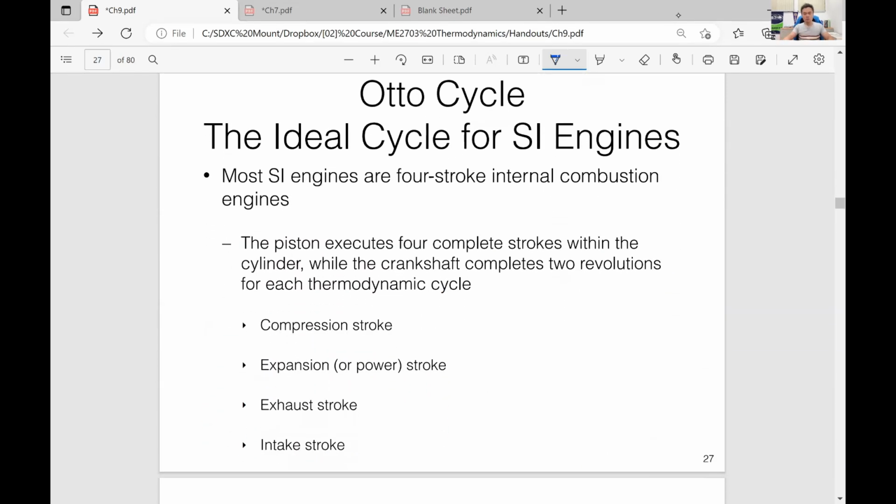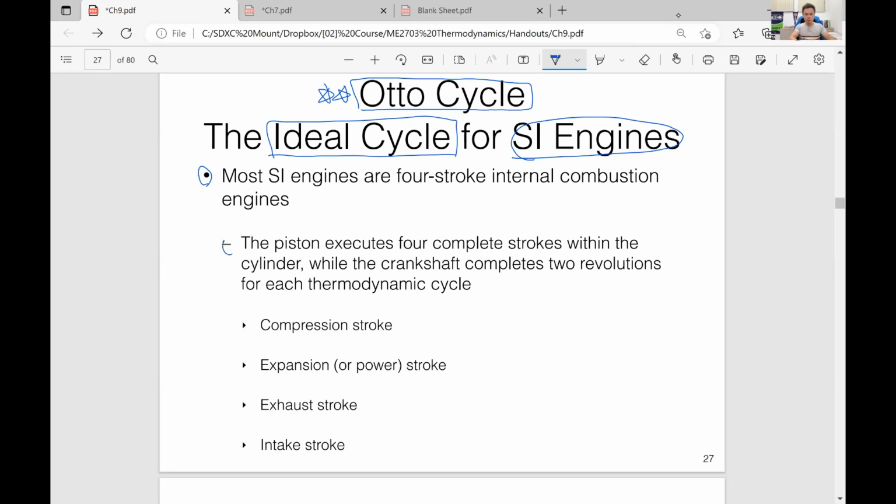All right, now we are moving to SI engines. The ideal cycle for SI engines is the Otto cycle. Don't forget this. And don't forget, an ideal cycle in chapter 9 implies an internally reversible cycle. Most SI engines are four-stroke internal combustion engines.